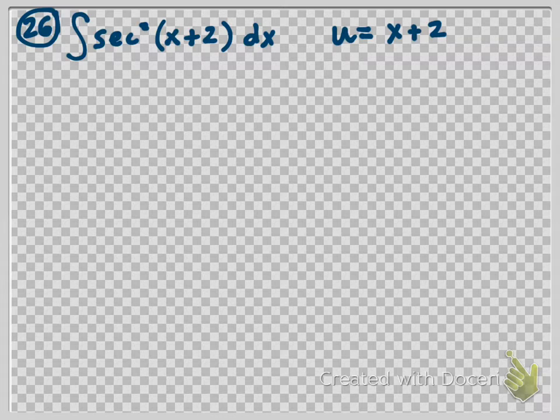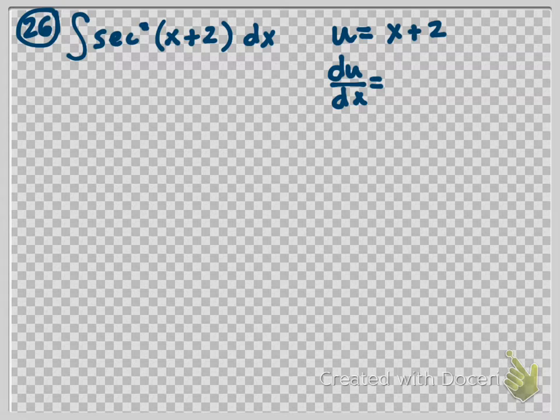All right? In addition to having to replace the x plus 2, I've got to also replace the dx. And that's going to remind you that we're going to find our du/dx. And I would like to see you writing this step fully out, even though your brain will start taking shortcuts with it, because it's important that you understand we are truly substituting each chunk.